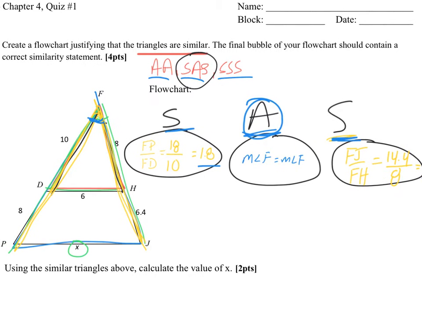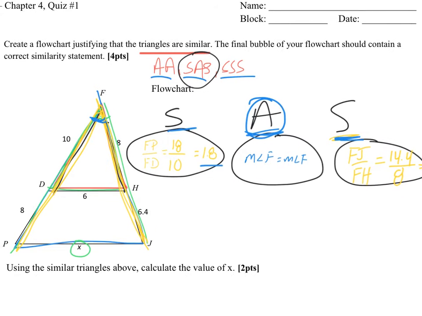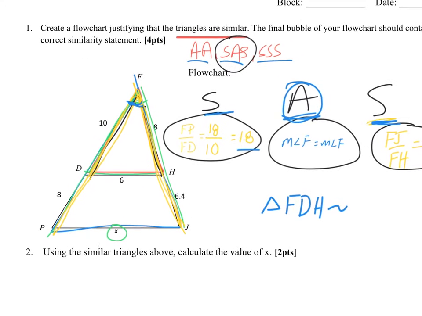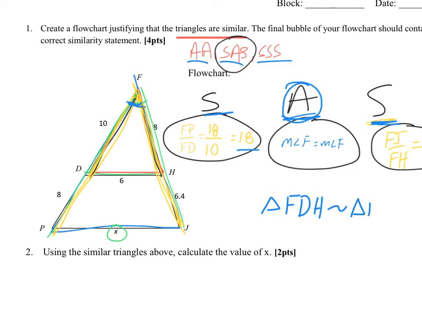So therefore, this is enough information in order to justify that triangle FDH is similar to triangle FPJ.